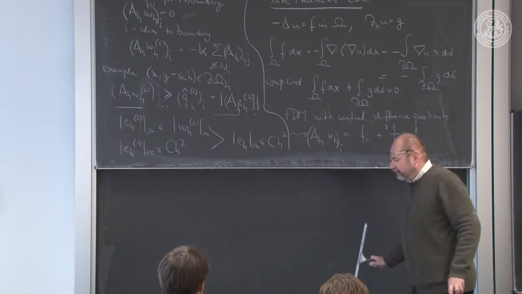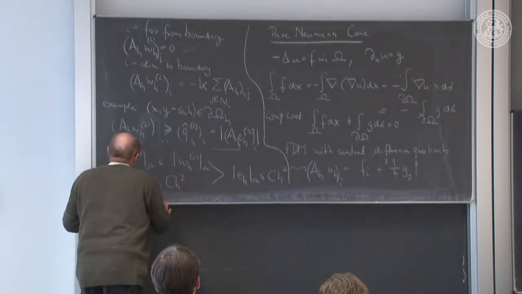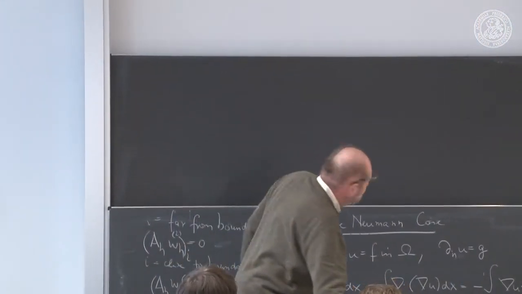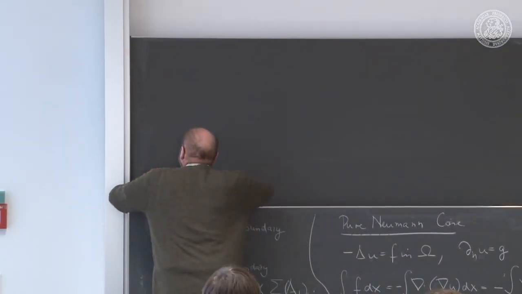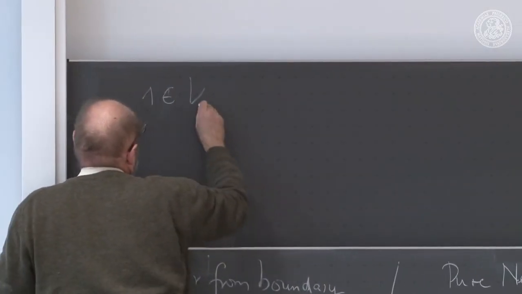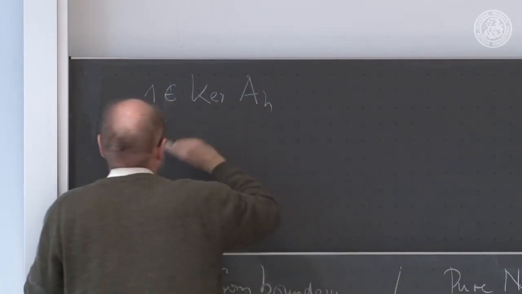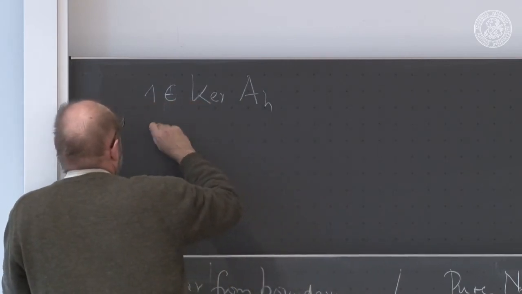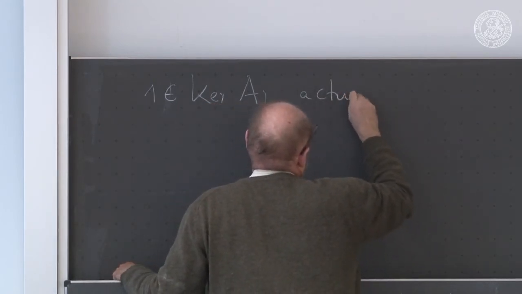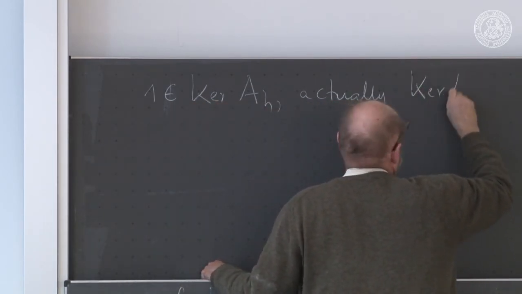Okay, to facilitate the situation a little bit, let me first assume something which we have not yet shown. What we have seen is that the vector constant 1 is in the kernel of the matrix, and let's assume that in fact, we have not yet seen a proof for that, the kernel is just one-dimensional.